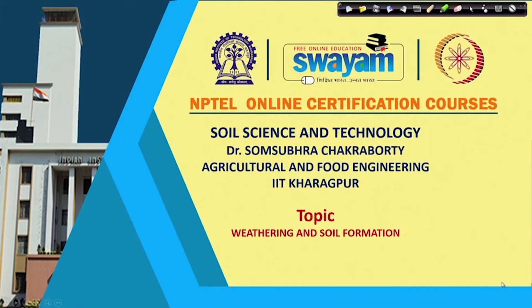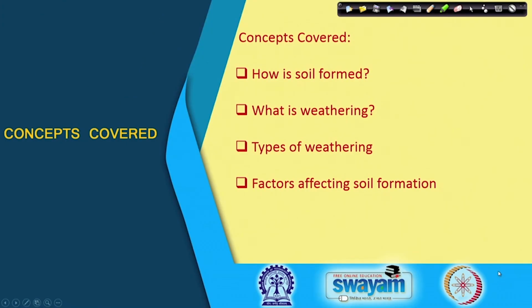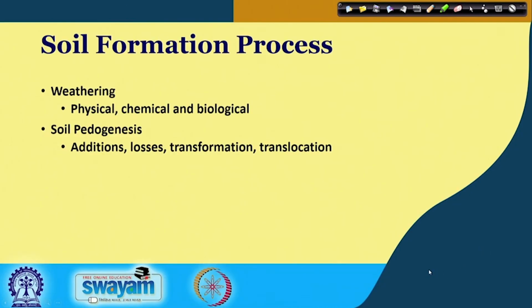Now, there are two processes involved in the formation of soil from rock. These are weathering as well as pedogenesis. So, let us start. In this lecture, we will be talking about both weathering as well as pedogenesis.